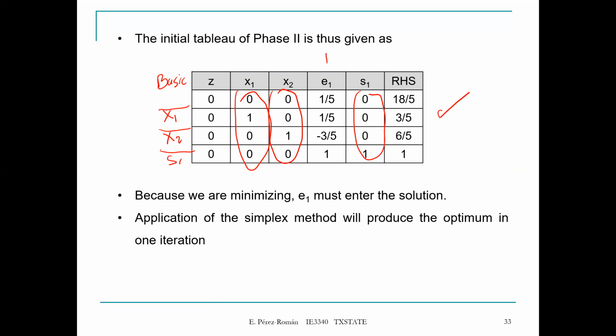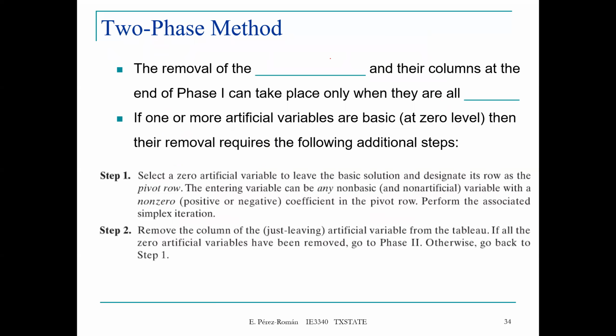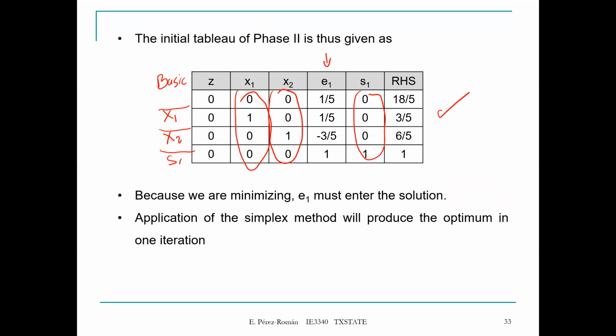Because this is a positive value, and this is a minimization problem. Now at this point, we have the problem, we have the initial solution, and we can apply the simplex method as we know it. Applying the simplex method, we produce the optimum in one iteration. So if you apply the simplex method now, you will find the solution after substituting E1 into the basic variables.